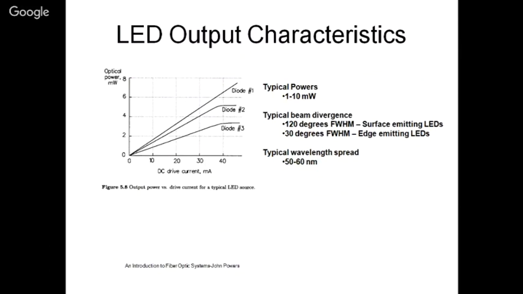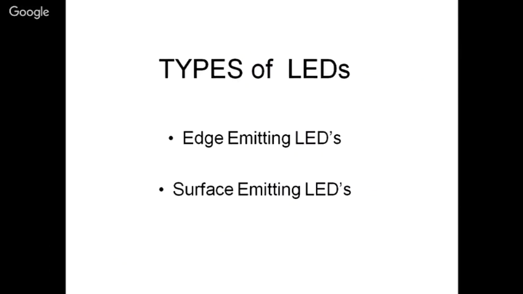So the types of LEDs that were available were red and all. But for optical fibers, you will always hear the terms edge emitting LEDs and surface emitting LEDs. I say it in very simple language.